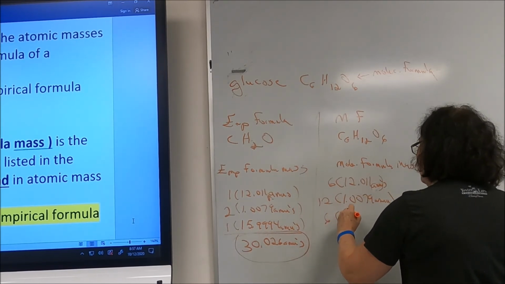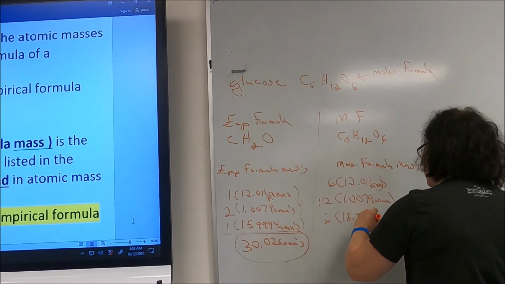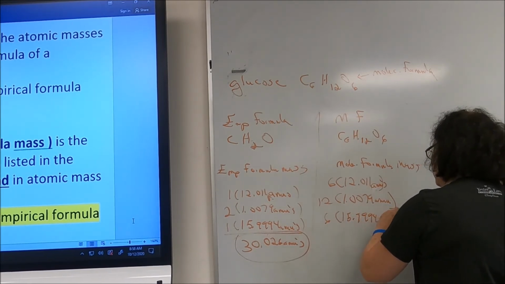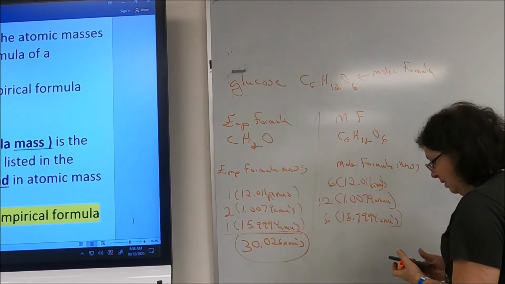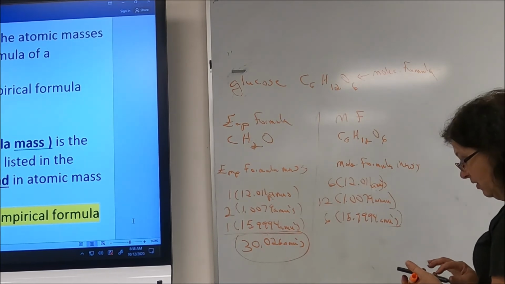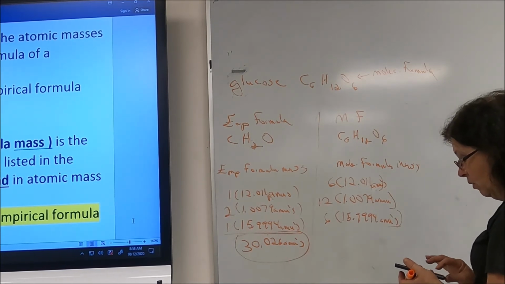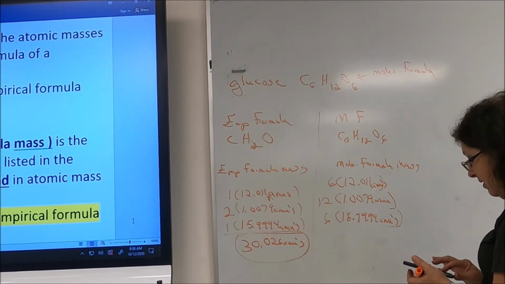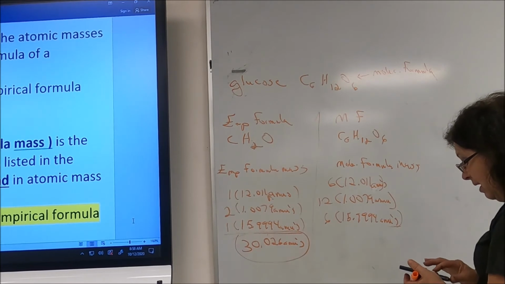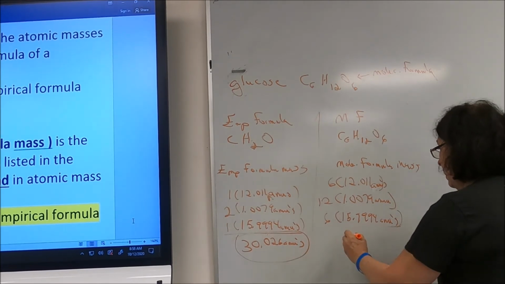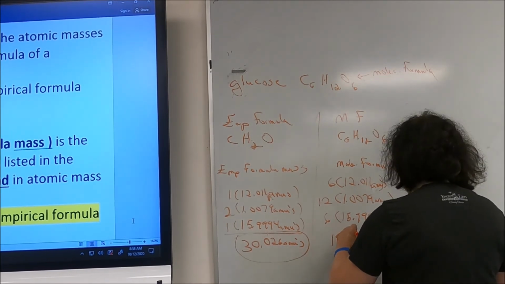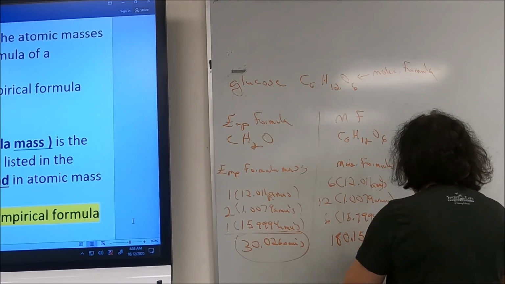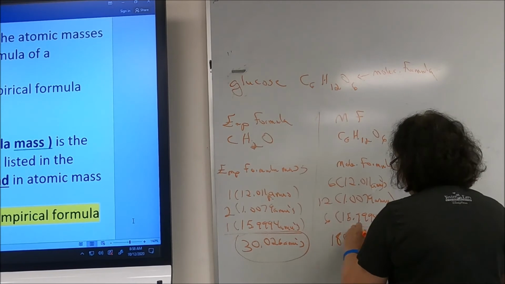And 6 times 15.9994 AMUs. So 6 times 12.011 plus 12 times 1.0079 plus 6 times 15.9994, and I get 180.157 AMUs.